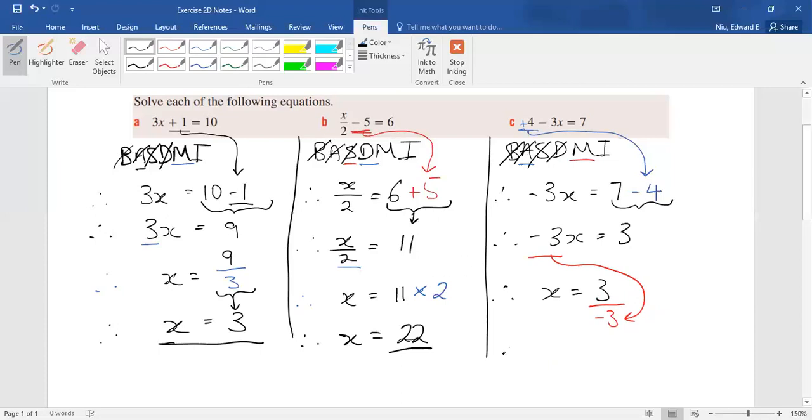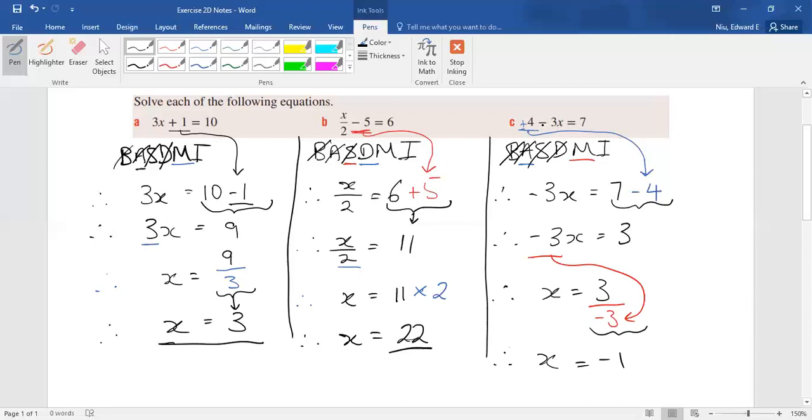So here, x would equal negative 1. All right, so if you think about it, does 4 and negative 3 times negative 1 get us positive 7?